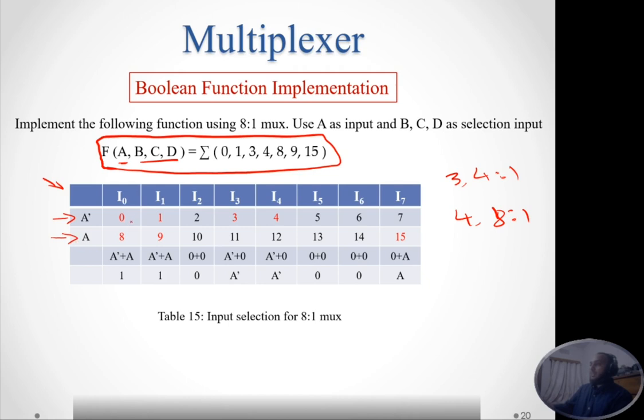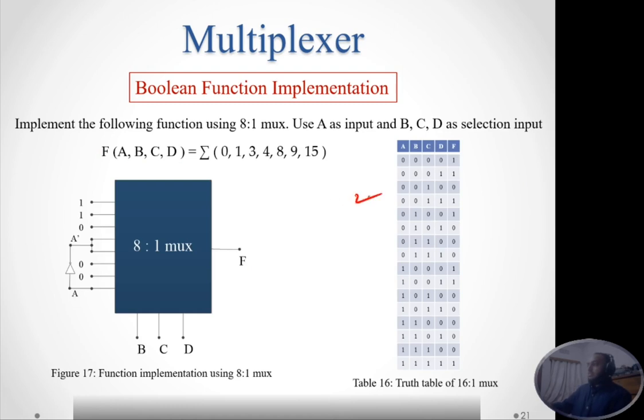Then we need to mark in which positions output is 1. After that we need to apply OR operations column wise, and in this way we will find the 8 inputs of the 8:1 mux. So this is the truth table for this function and this is the block diagram.